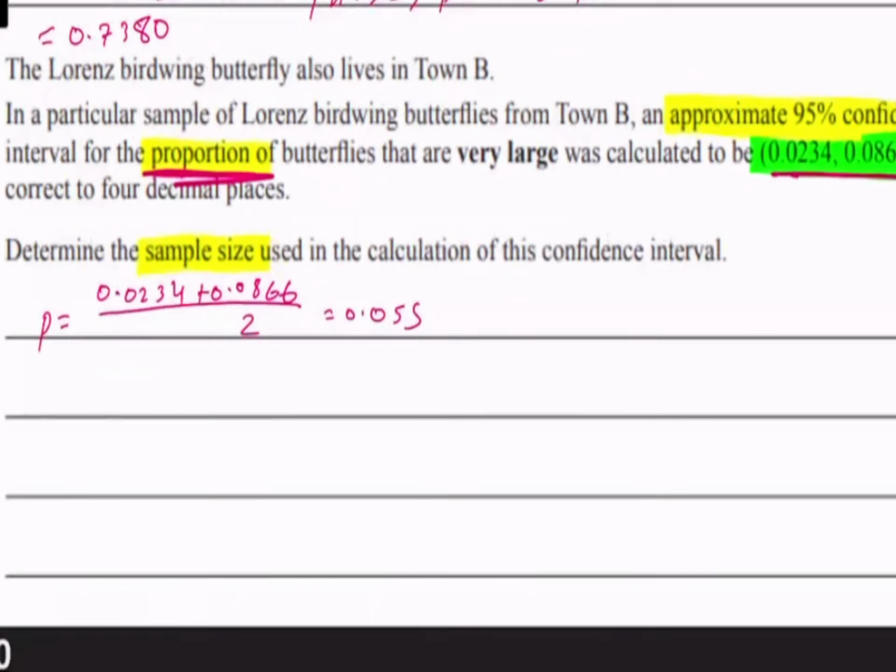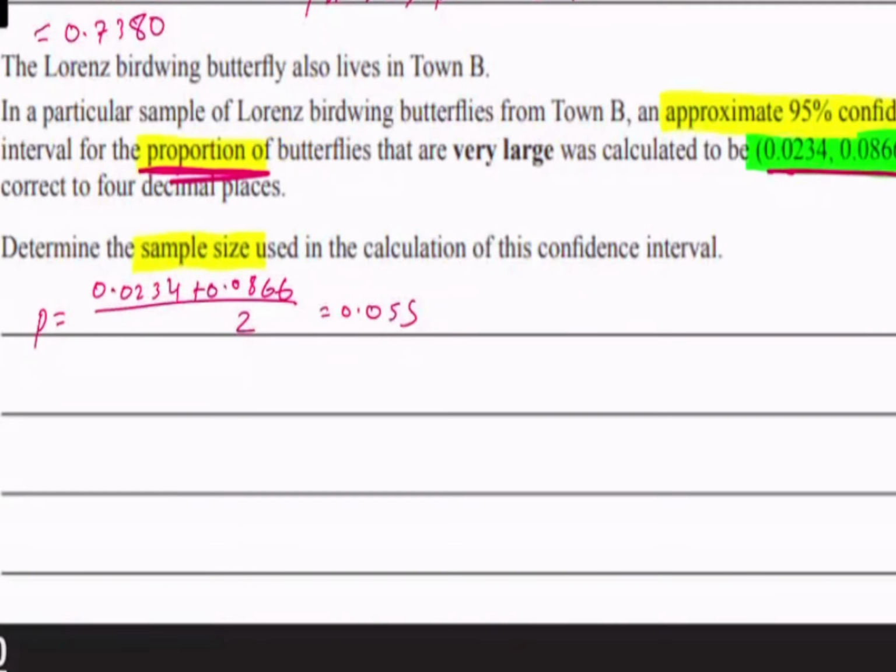And then you can choose your lower bound or upper bound, and just use the formula that you would use to find that value. So if we're using the lower bound, it's going to be p hat minus 1.96 times the square root of p(1 minus p) on n, which is equal to 0.0234.